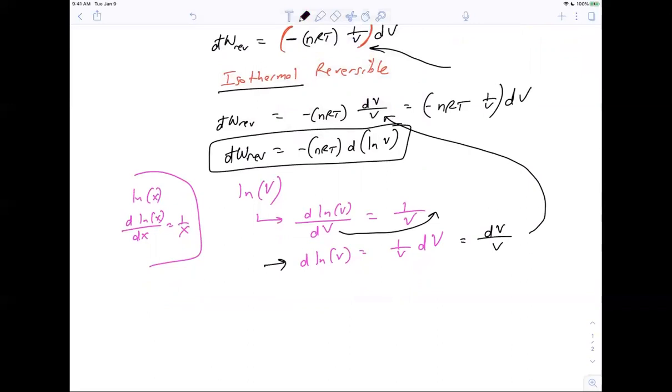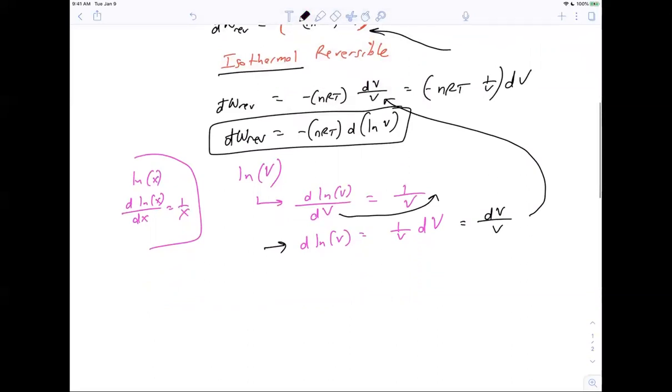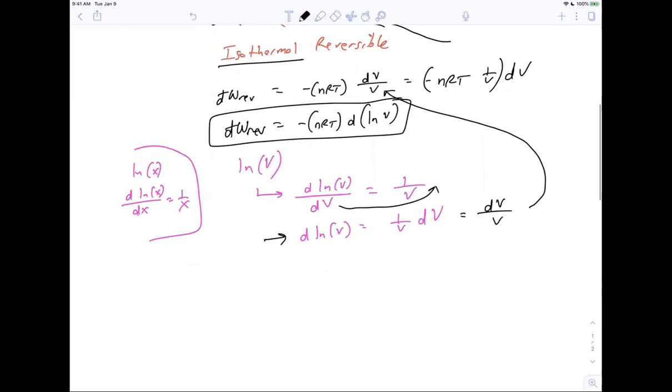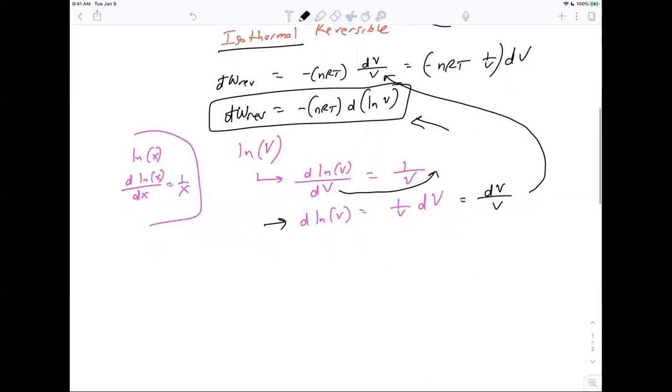Now it's just a matter of integrating to get the work that's involved in this process. That would be involving a change of volume, because we see here in this differential that volume is the parameter that is changing. So now we don't have a differential, we just have total work.